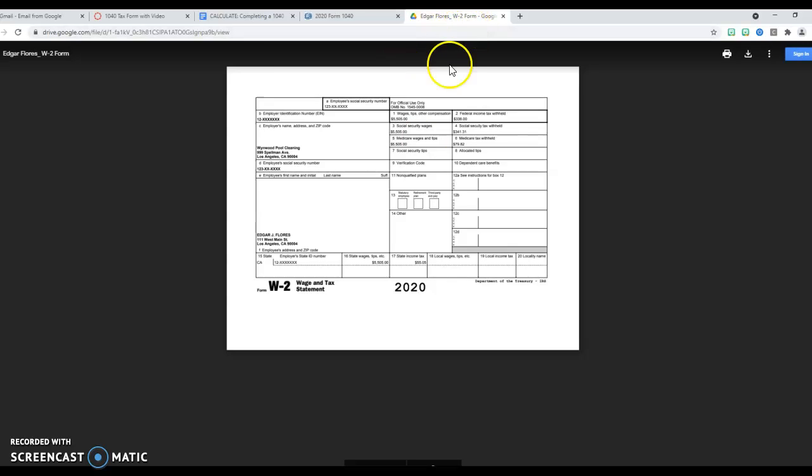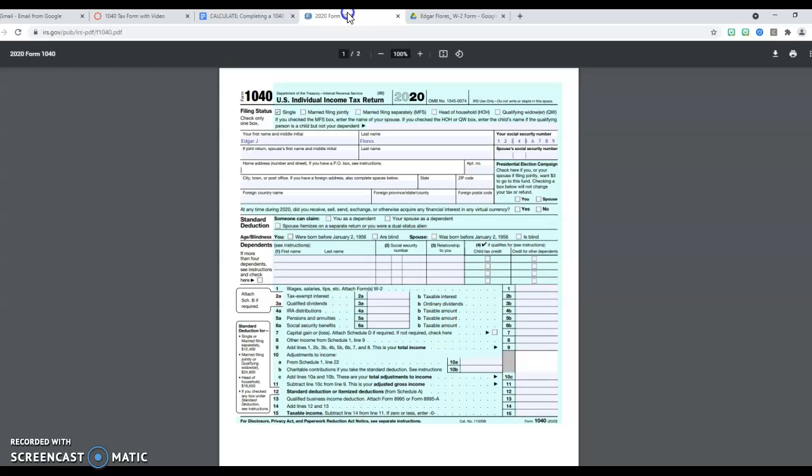I click back to the W-2, and his address is right here, where I showed you. Going back to the form to fill it out. He lives at 111 West Main Street. And he lives in Los Angeles, California.